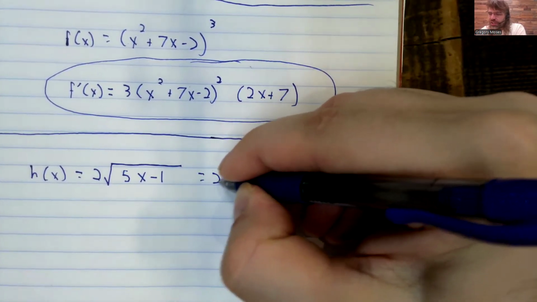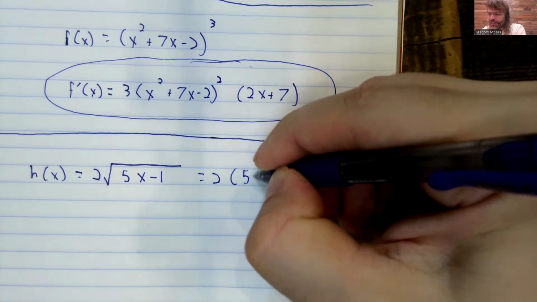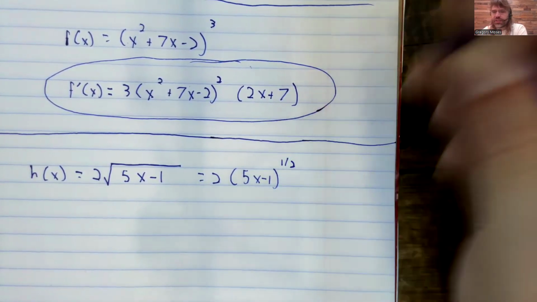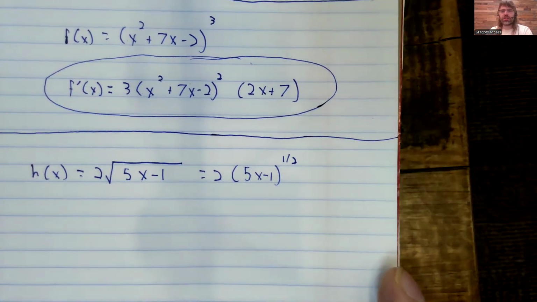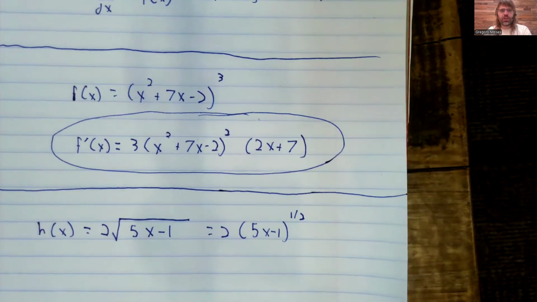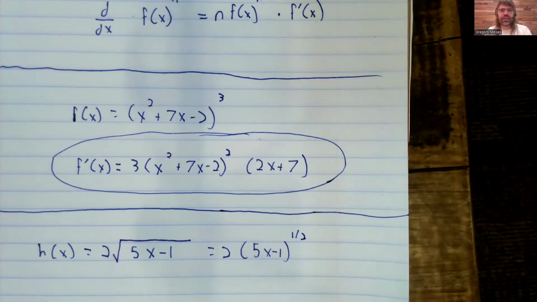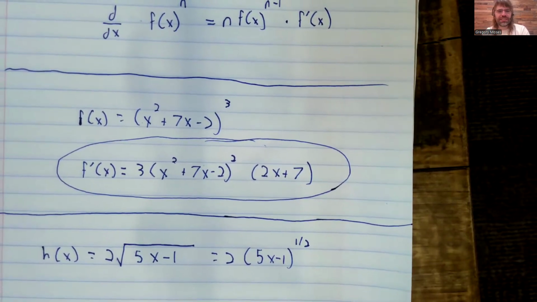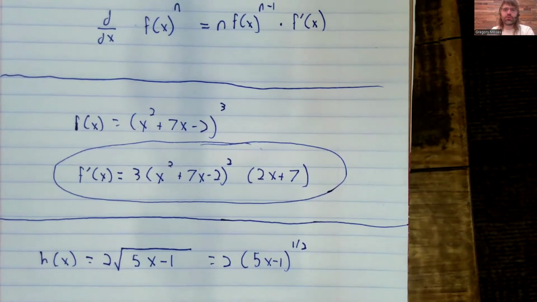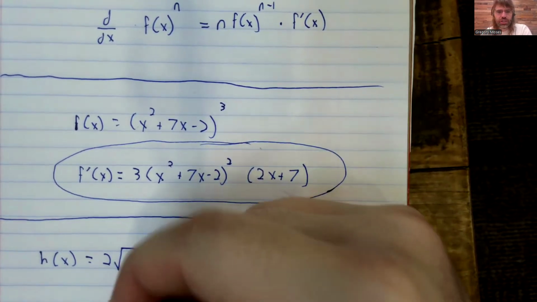We've hopefully internalized the idea that square roots are just powers. So when we take the derivative using the generalized power rule, what should happen?